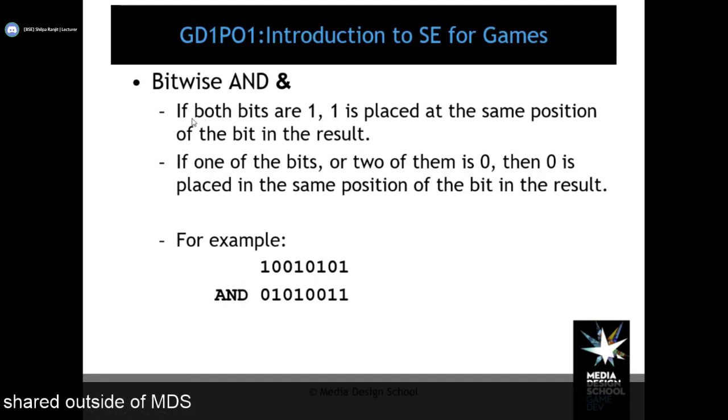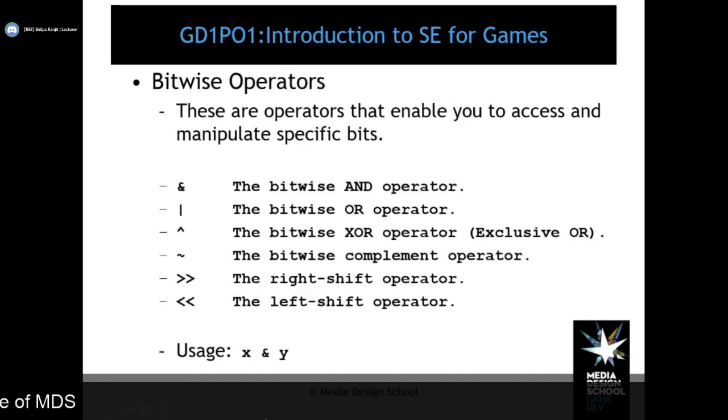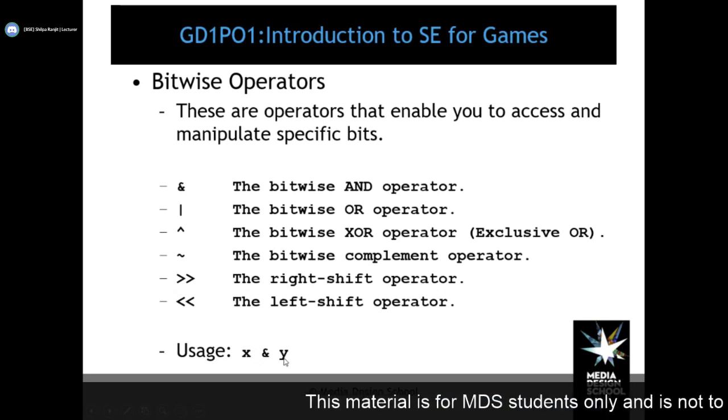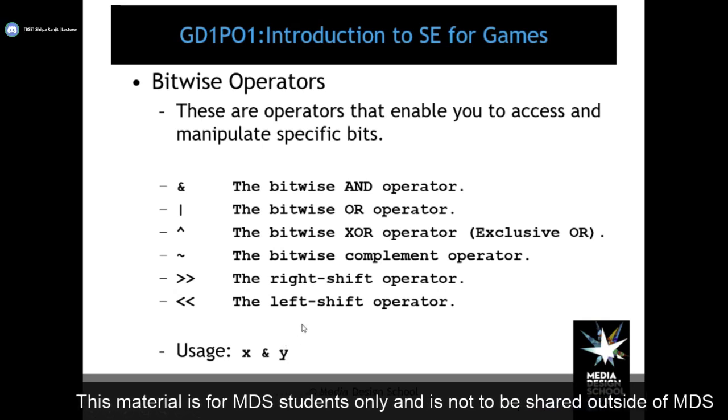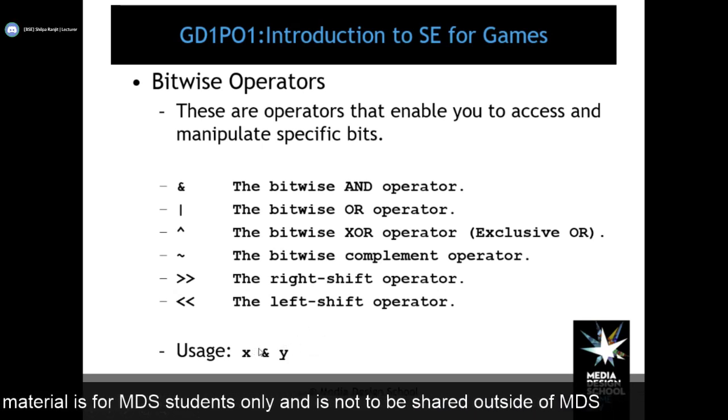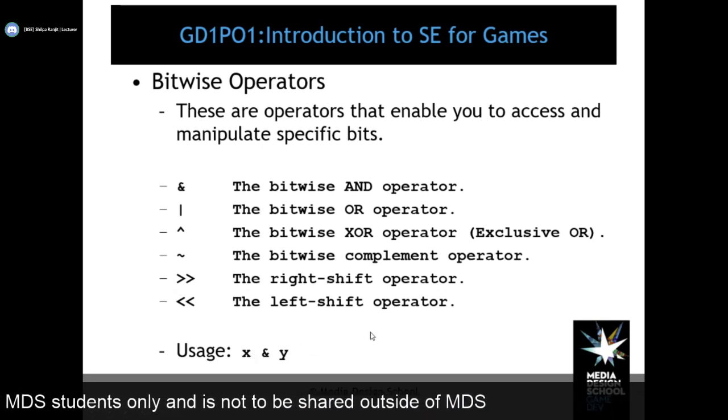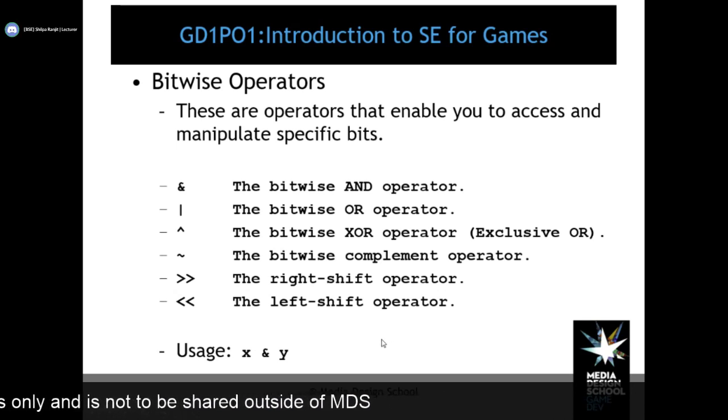Okay. So the way you would use it is, say something like x and y. So x might be some value 12 and y might be another value 13. So if you do 12 and 13, it gets the binary value of 12 and the binary value of y, that is 13, and does a bitwise operation on each and every bit in your value.